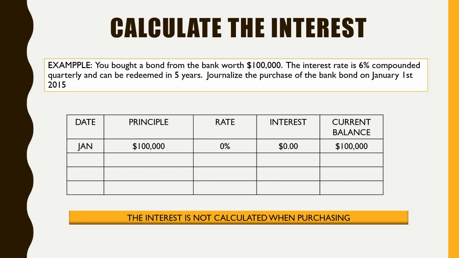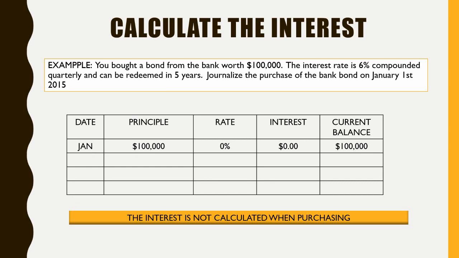So in January, when you acquire it, this is a breakdown of how your interest is being collected. If I were to do a bank bond, usually when you purchase the bank bond, as soon as you acquire it, you don't hit interest because it hasn't been accrued yet.